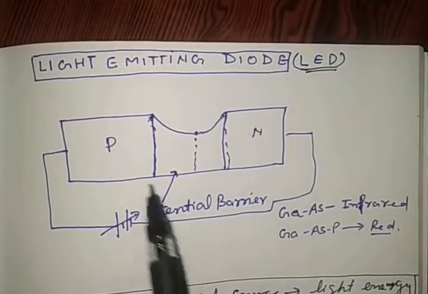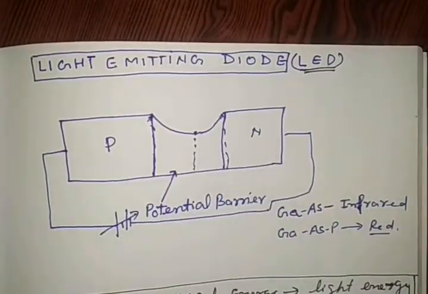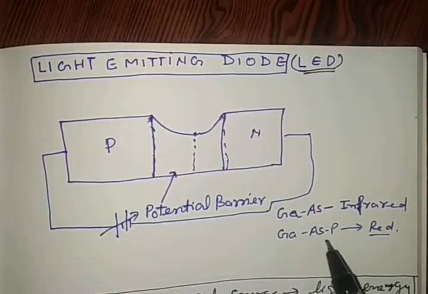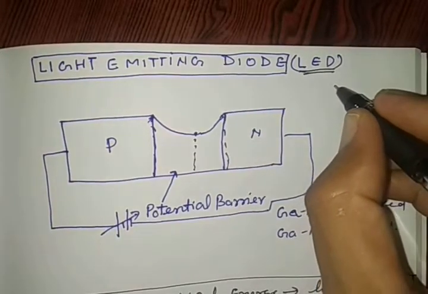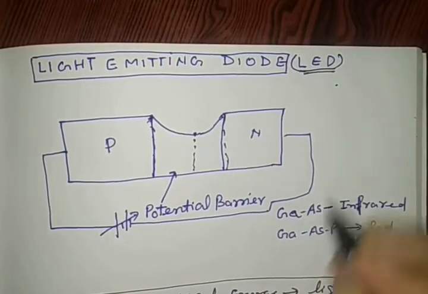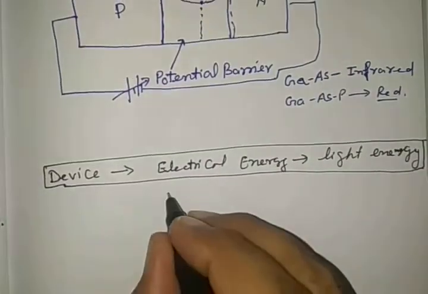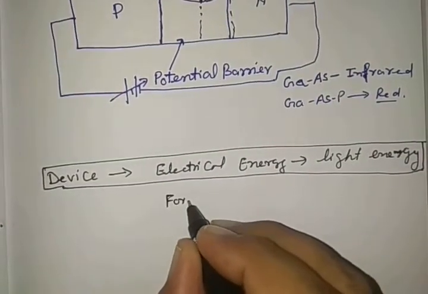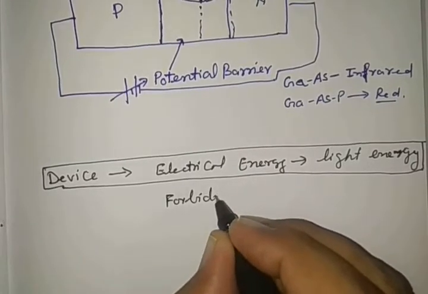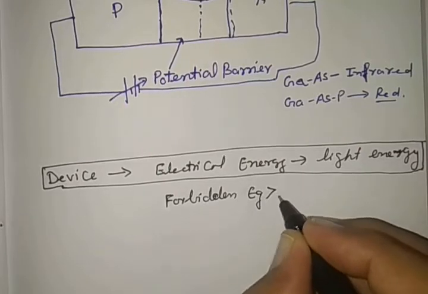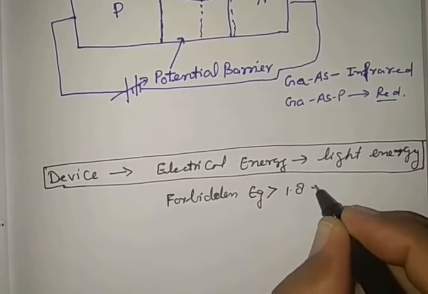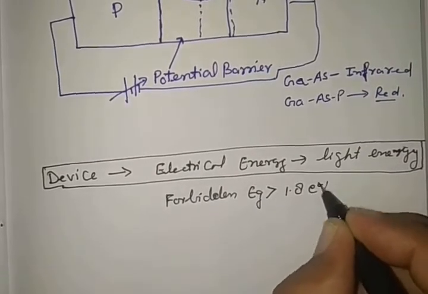In this LED there is a PN junction diode. This PN junction diode is made up of a material whose forbidden energy gap is greater than 1.8 electron volt.